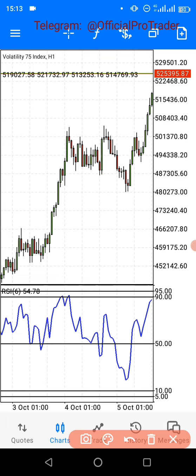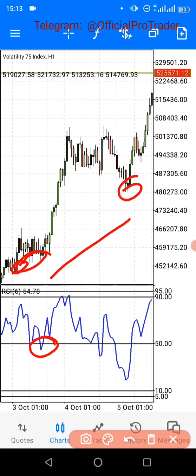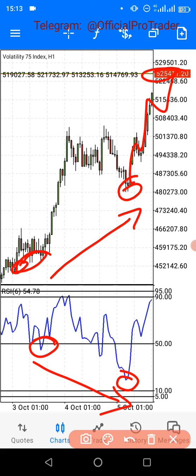Now watch what happened. We had a low here. Let's take the whole of this region as a low. So price had a low, and then a higher low, so to the upside. But the indicator, on the other hand, had a lower low, so to the downside. And then after that, what happened? You see, price continued to the upside. Even till this very moment, price is still above the level.